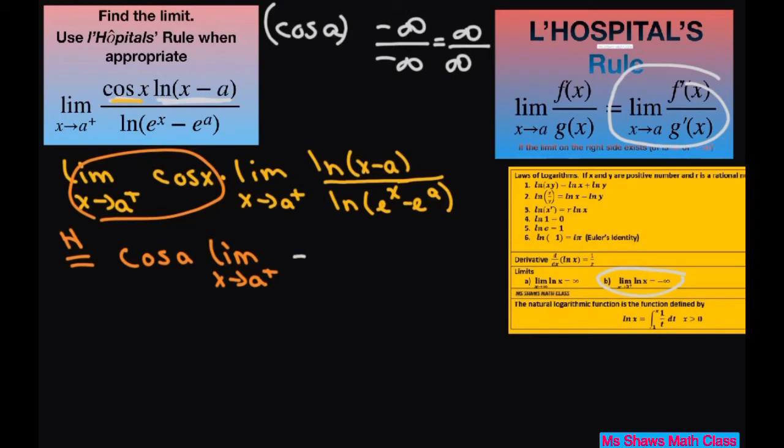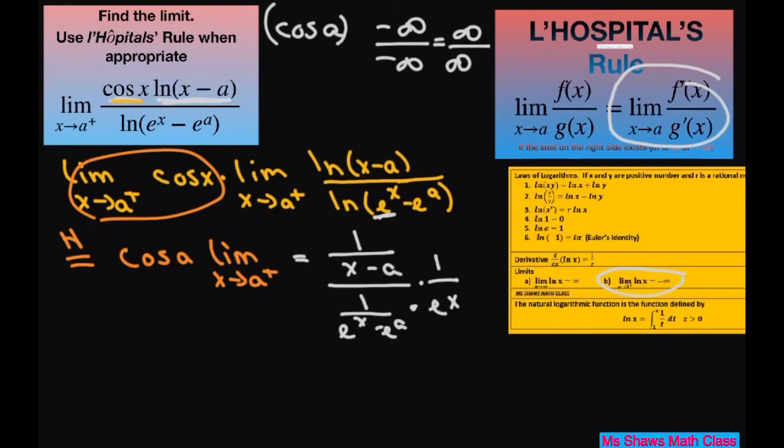For our numerator, we're going to get 1 divided by x minus a, divided by 1 over e to the x minus e to the a power. And you also have to differentiate your e to the x, which is just e to the x. So we can say this is times 1 divided by e to the x.